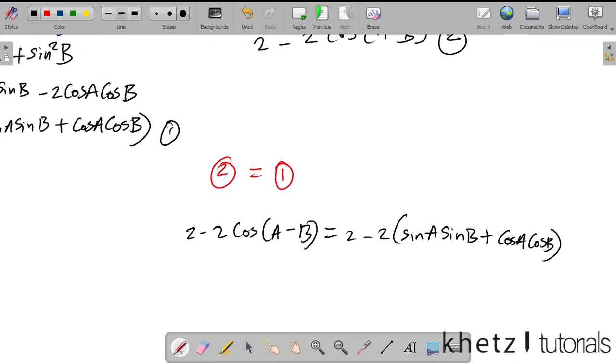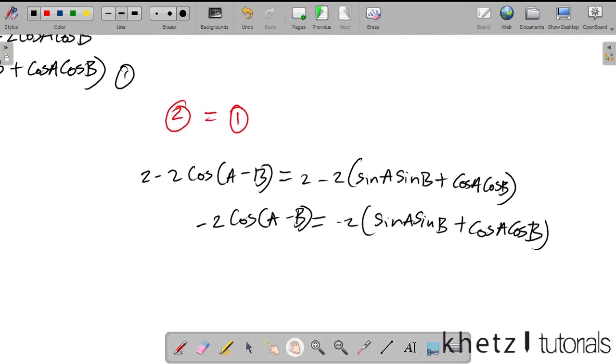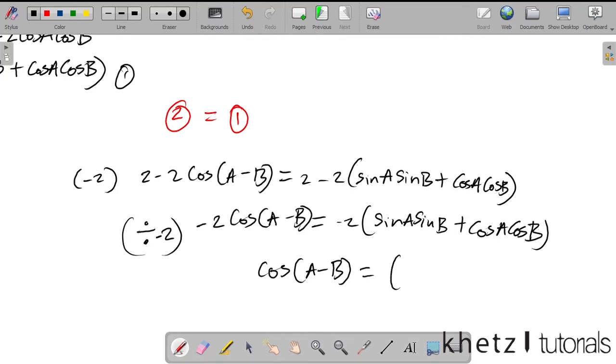If you take this 2 to that side, it will cancel out with this 2 over here, which means we have negative 2 cosine of A subtract B is equal to negative 2 times sine A sine B plus cosine of A cosine of B. Now you can divide both sides by negative 2, and that will lead us to the following formula: cosine of A subtract B is equal to sine A sine B plus cosine of A cosine of B.